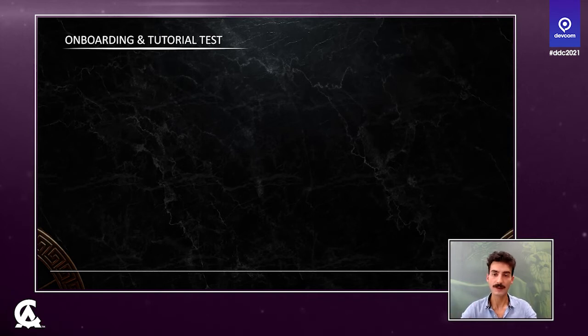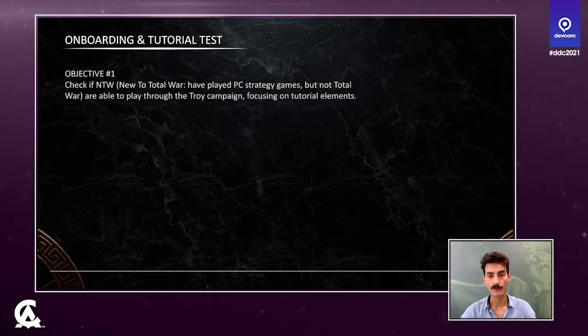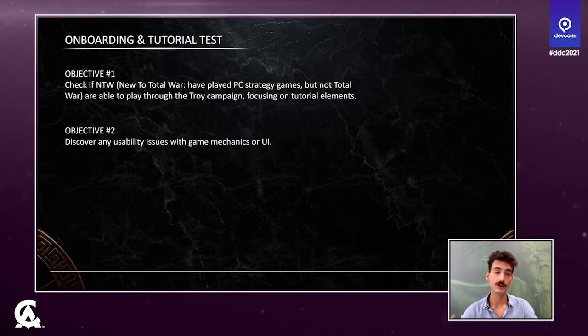So we set up a test that had a few objectives. The first one was to check if new to Total War players that have played PC strategy games but not Total War are able to play through our tutorial campaign, which is with Agamemnon. And the second objective was to discover any usability issues with game mechanics or UI.